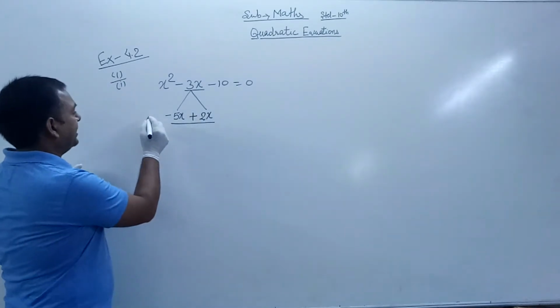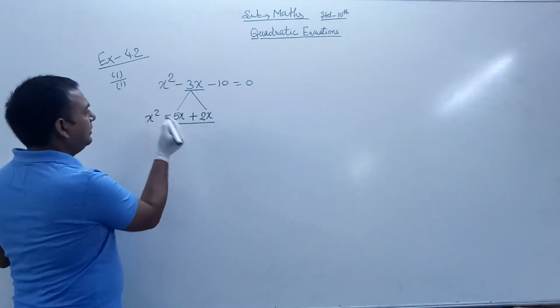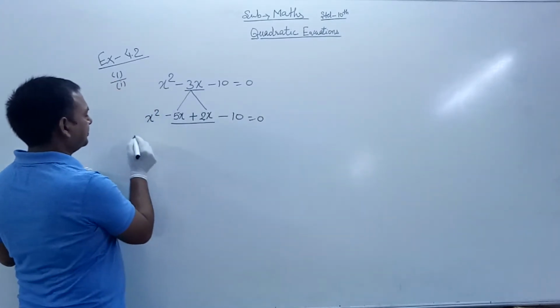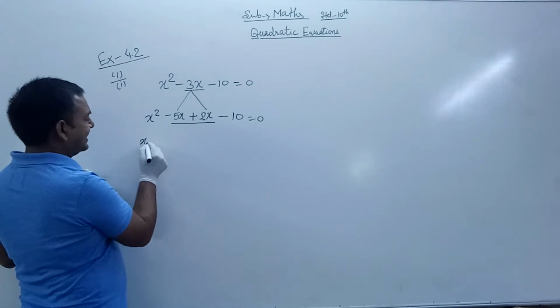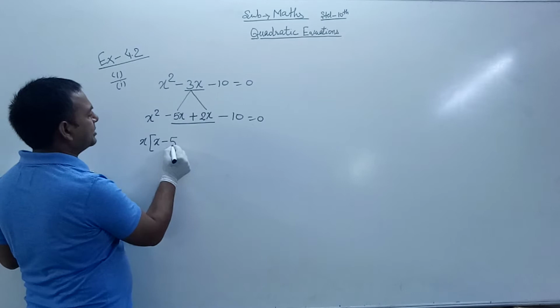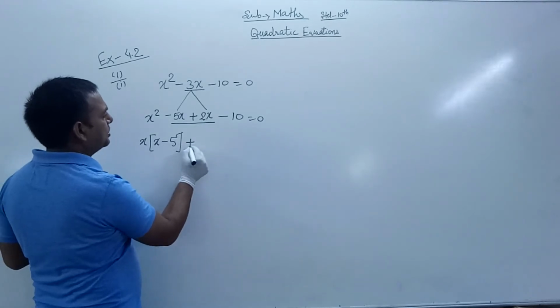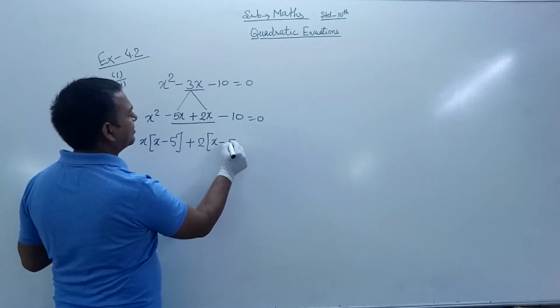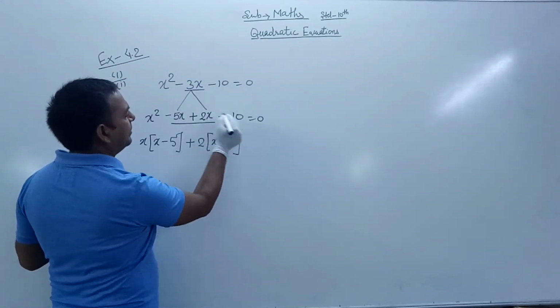So we have x square, minus 5x, plus 2x, minus 10 equal to 0. Then you take x common, so it is x into x minus 5, and from the last two terms you take plus 2 common, so another bracket is x minus 5, because 5 twos are 10.